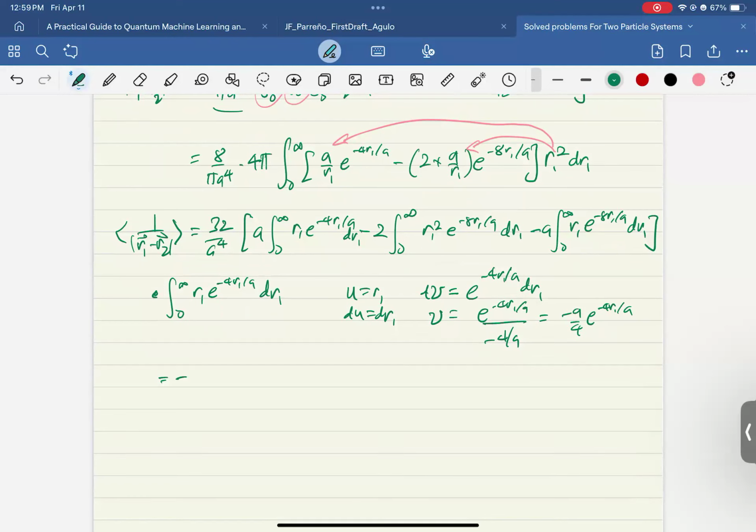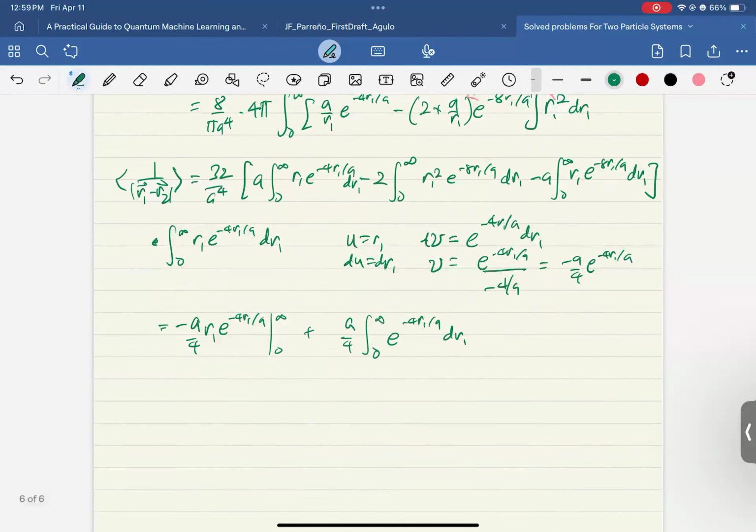Nag-integration by parts tayo, no? So a over 4 r1 exponential minus 4 r1 over a evaluated from 0 to infinity plus a over 4 integral from 0 to infinity ng exponential minus 4 r1 over a dr1.